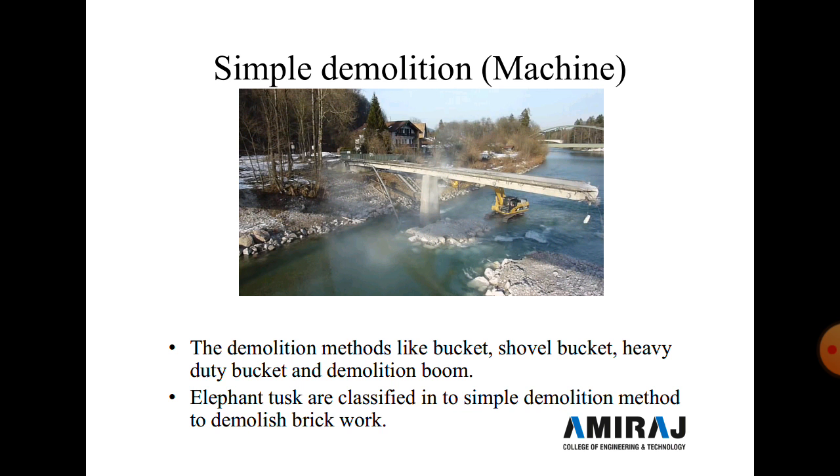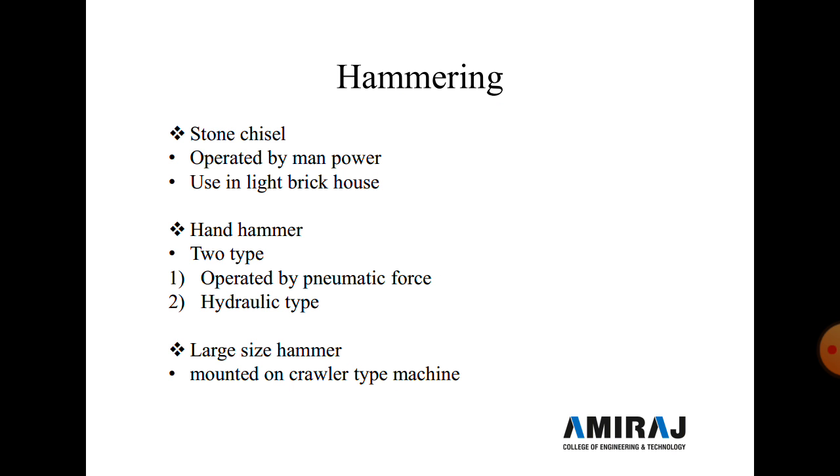Now next we discuss hammering. Here a stone chisel hammer is operated by manpower and used in a light brick house. If the area for the demolition is small, we use the chisel method, the hammering method. Second is the hand hammer.